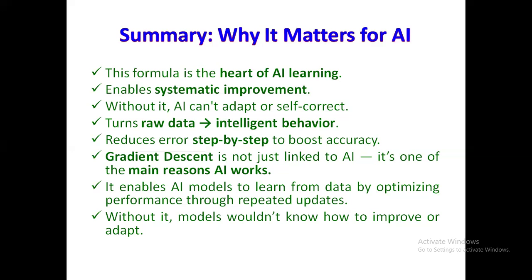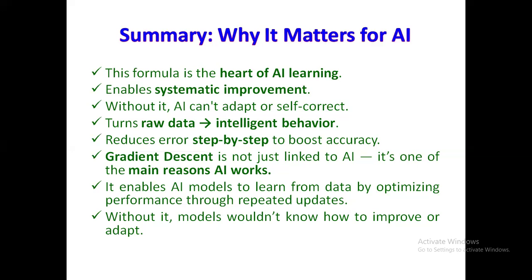By repeatedly applying this update rule, the system incrementally reduces its error and hones its ability to perform complex tasks with greater precision. And you know that gradient descent is one of the core mechanisms that makes AI systems functional and effective.